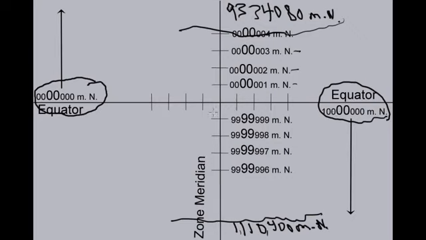Then once you cross the equator, the values are reset to 0, and your northings will increase as you go farther north all the way up to over 9 million. So southern hemisphere, northern hemisphere, it doesn't matter. As you go north, the northings increase, with the exception of when you cross the equator and the values are reset.